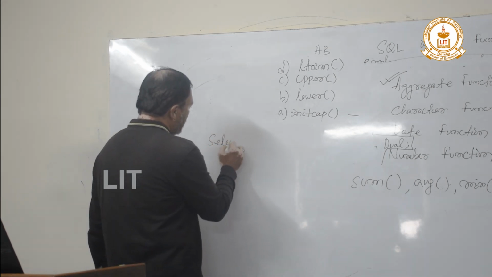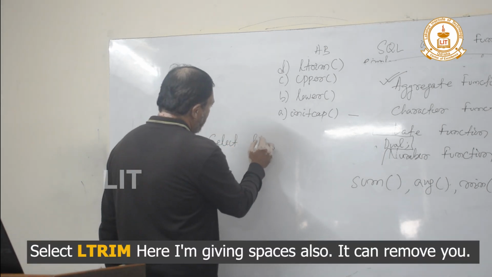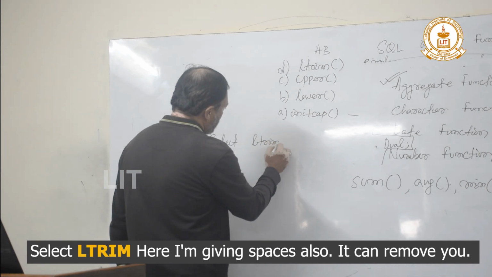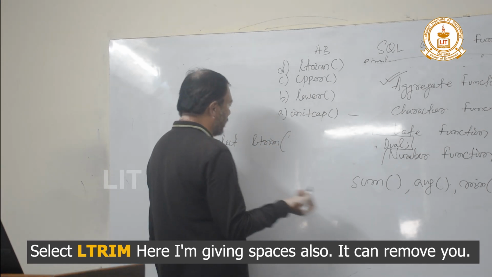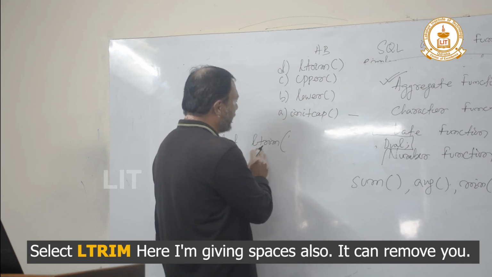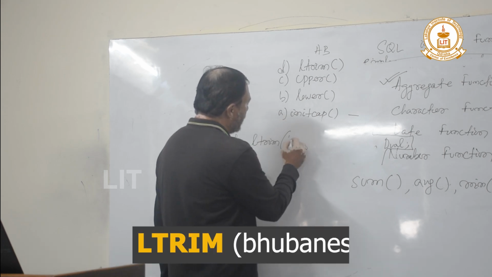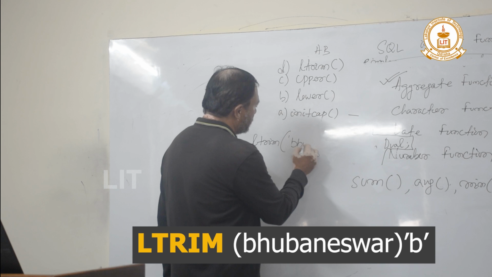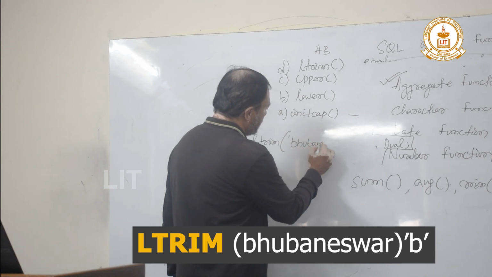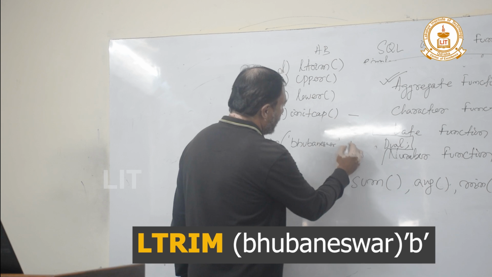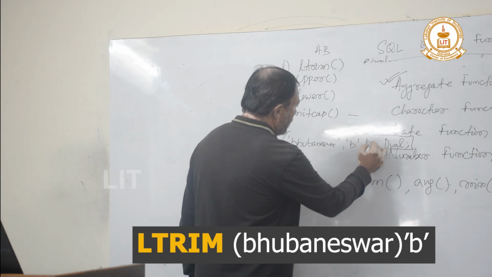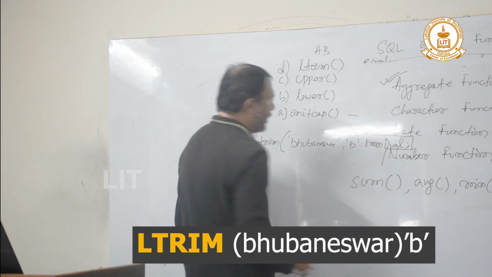Select LTRIM. Here I am giving spaces, and it can remove them also. Suppose I am writing anything, say Bhubaneswar. Then give from dual and see what the output is showing.